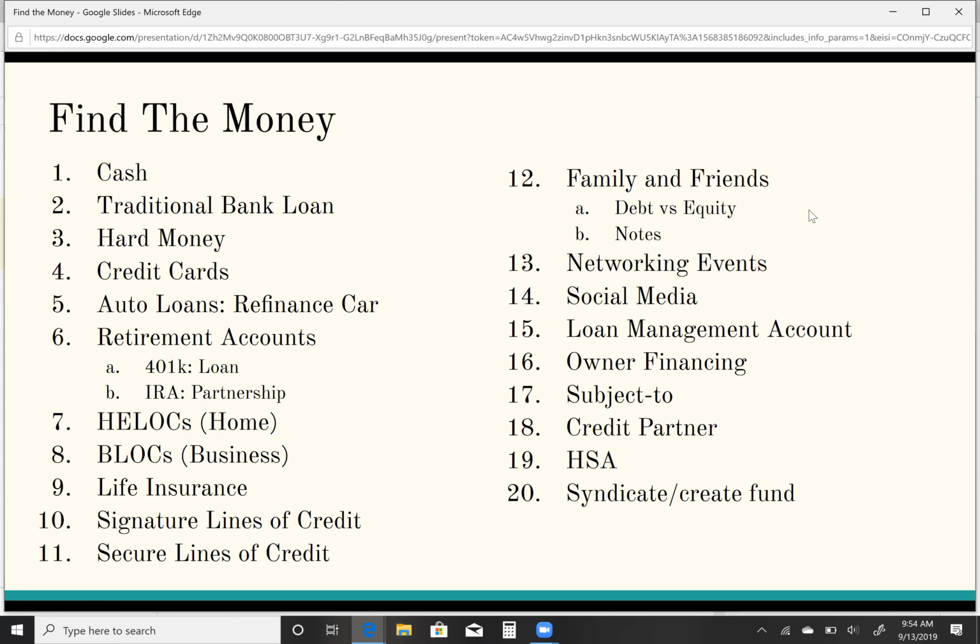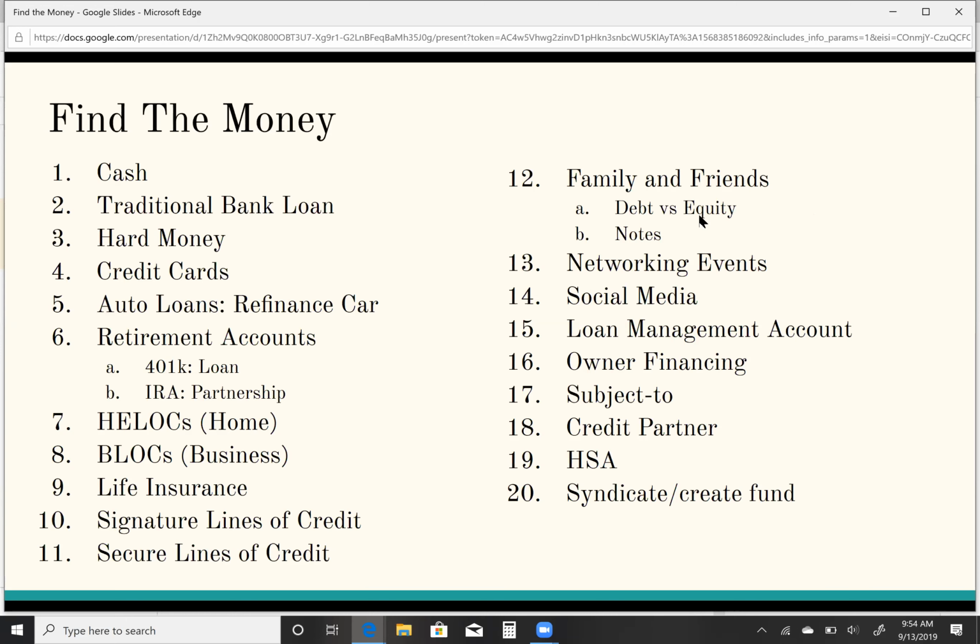Other great places to come up with money to purchase properties are networking events. Going to the Renatus or local meetings here is a great way to network, because a lot of people there want to do deals. Some people have money, some people have deals, and that's where you blend together and get a lot of deals done. I did multiple transactions just because of showing up to the meeting and being somebody that can plug in.